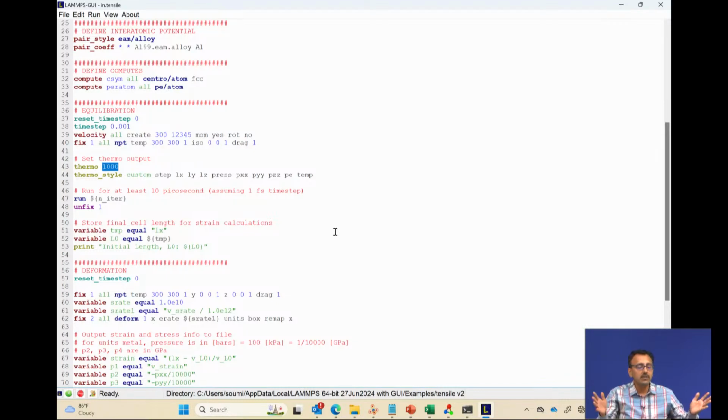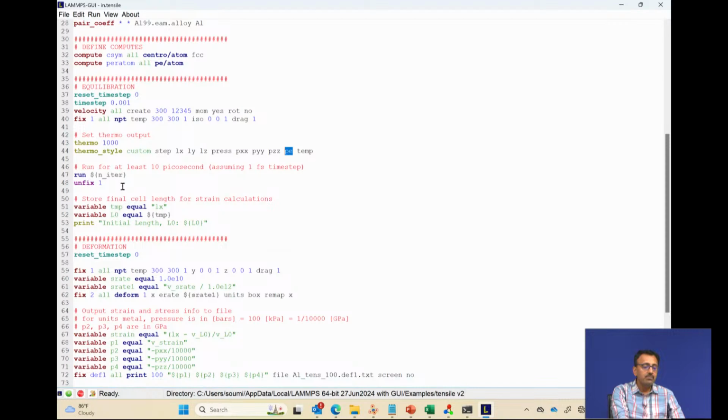There are tons of other parameters that you can write out in your calculations. These are the ones that are most useful in determining, for example, if the system has equilibrated. So, the potential energy has to minimize or reach a stable value, but you are not limited to this. You can even come up with your custom function.